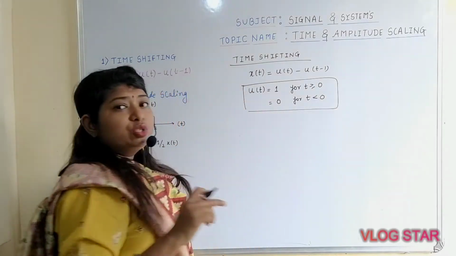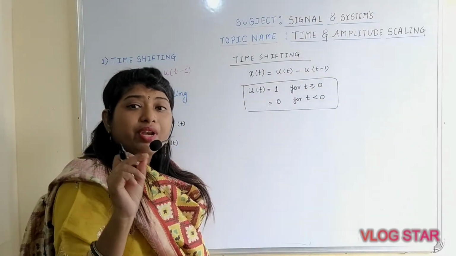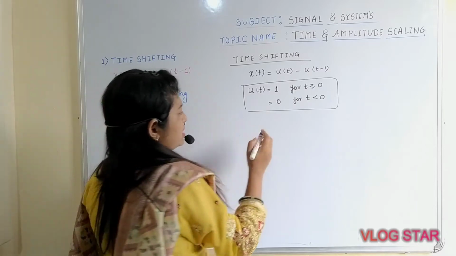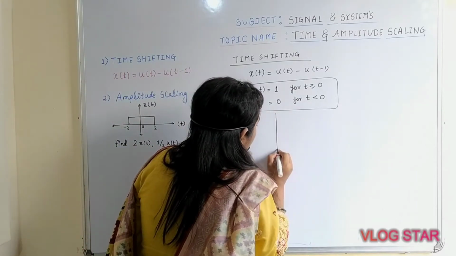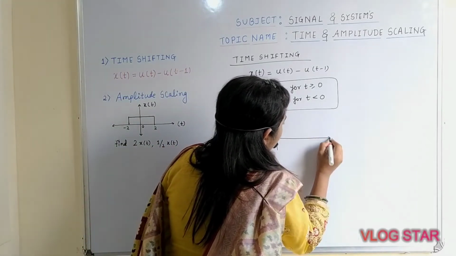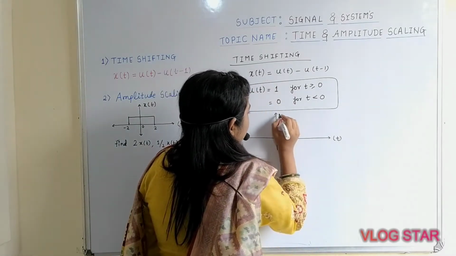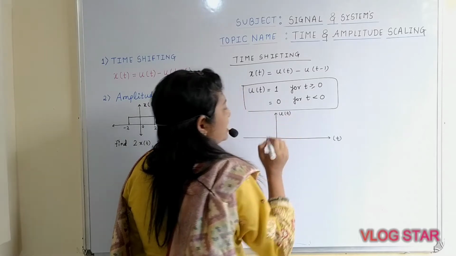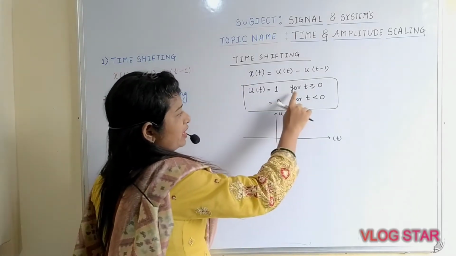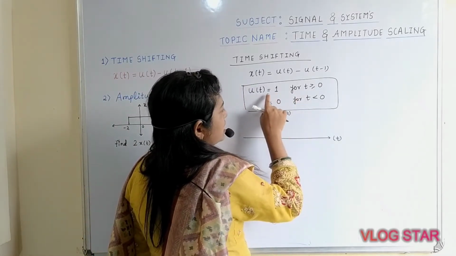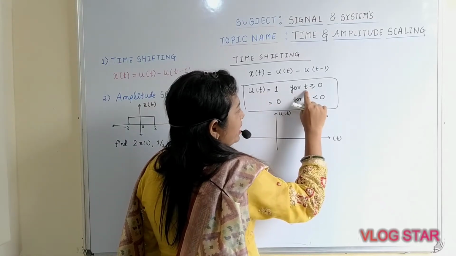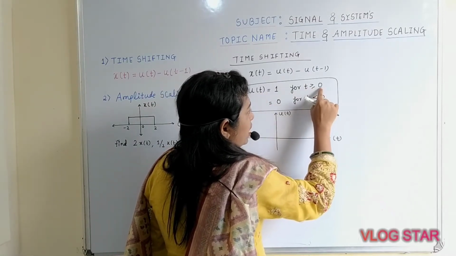With the help of this definition, you have to draw the graphical representation of the unit step signal. How are you going to draw it? Do you remember? On the x-axis we take the time axis. On the y-axis you consider the unit step signal. As per the definition, u of t is equal to 1 for t is greater than or equal to 0.